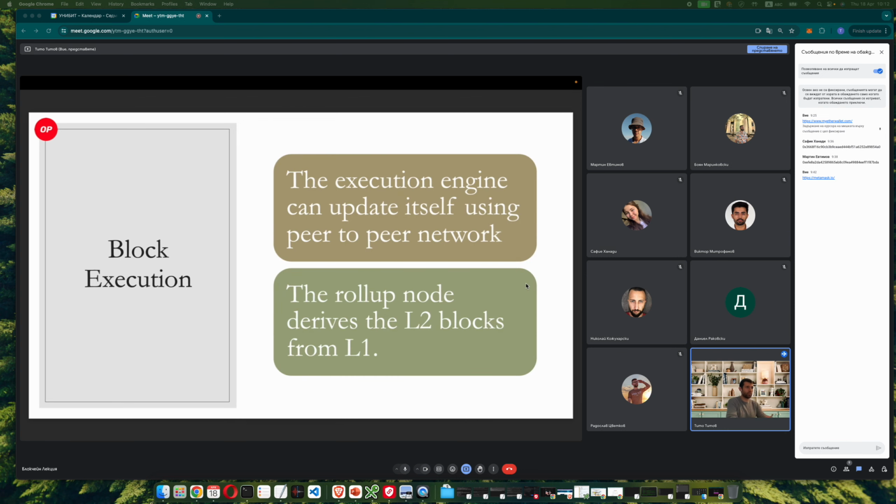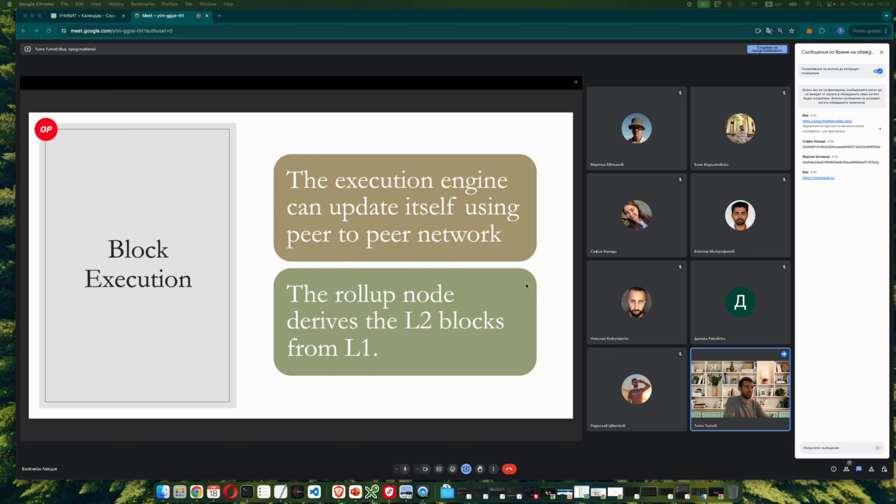About the block execution, the block execution is happening in Optimism itself. It is EVM compatible, and it operates on multiple nodes.